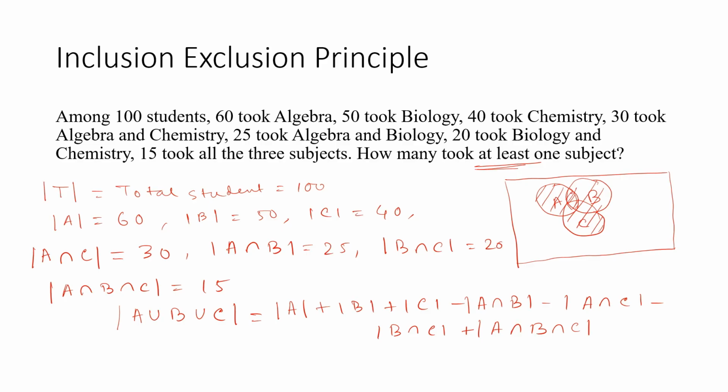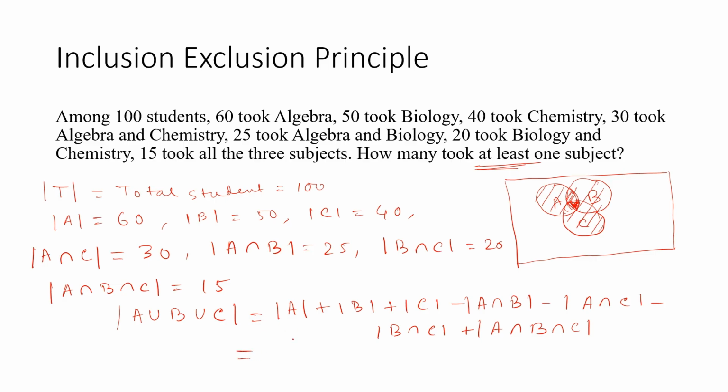Because we have already subtracted this common portion from A plus B plus C. As we subtract all the three common regions from A plus B plus C, this small portion which includes the intersection of the three sets was already subtracted. So that is why we are adding A intersection B intersection C.